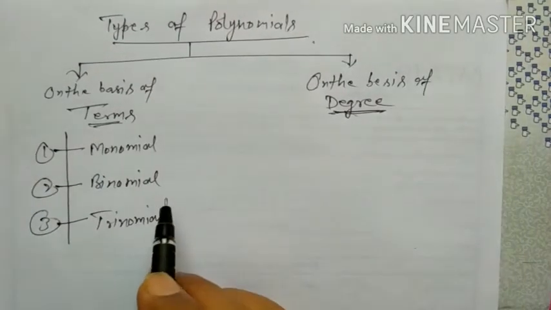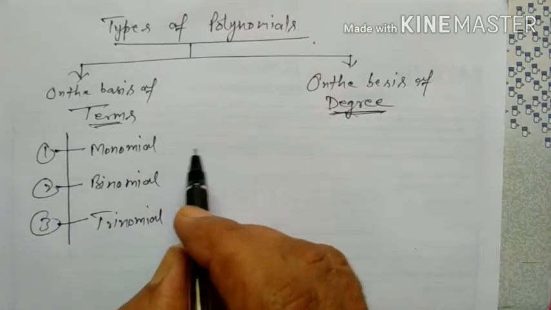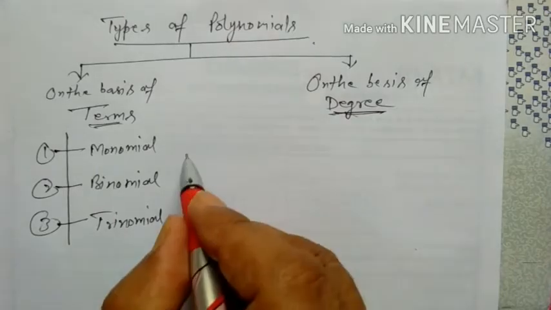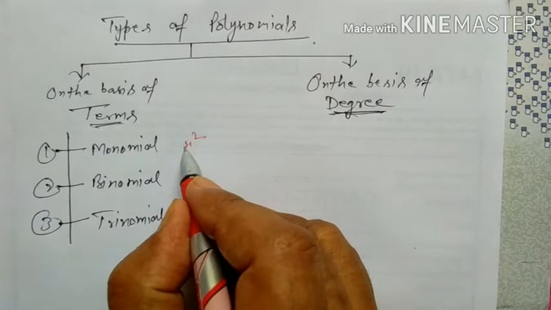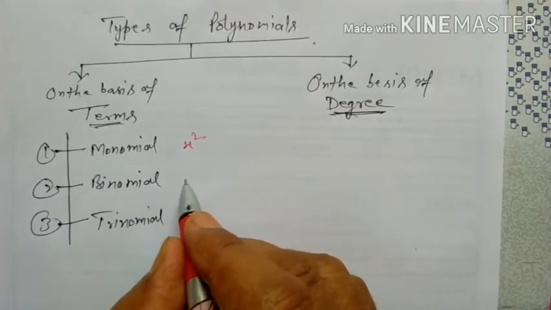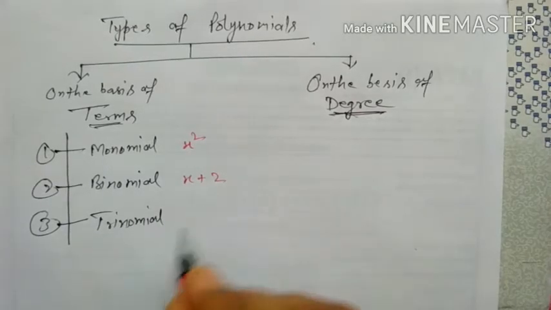Monomial means it consists of one term. For example, x square, this consists of only one term. Binomial contains two terms, x plus 2.